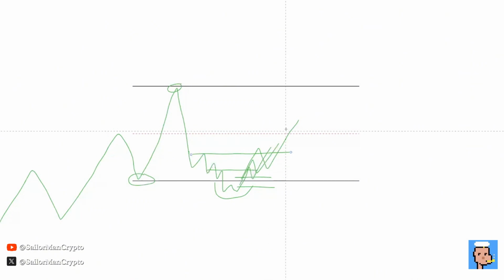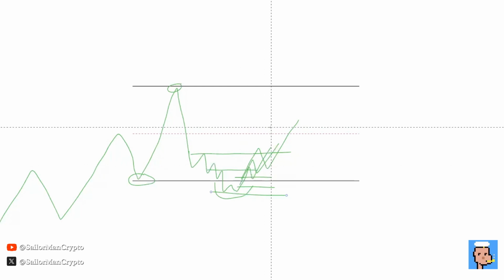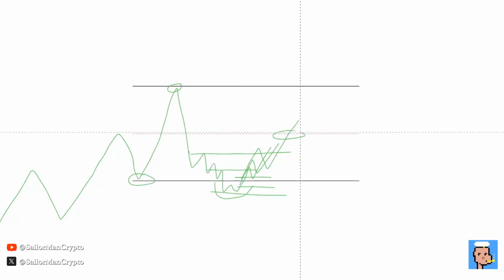Perhaps in another video we can see how we can further define that entry, and we hide our stop loss just below the deviation level, and then we target first range mid-range, second range high, and potentially we leave some for breaking out.